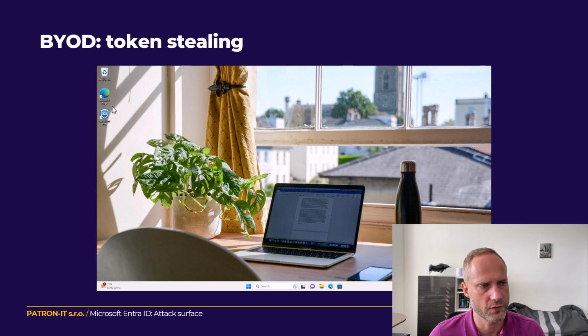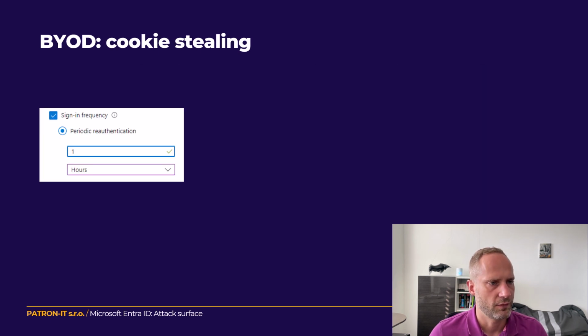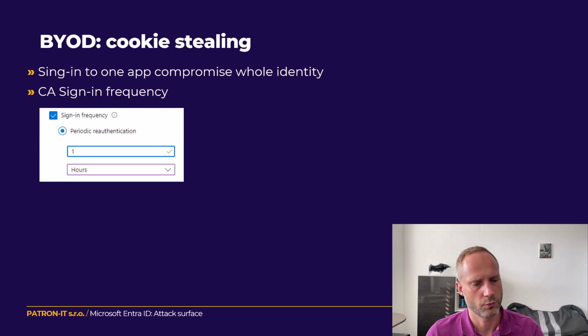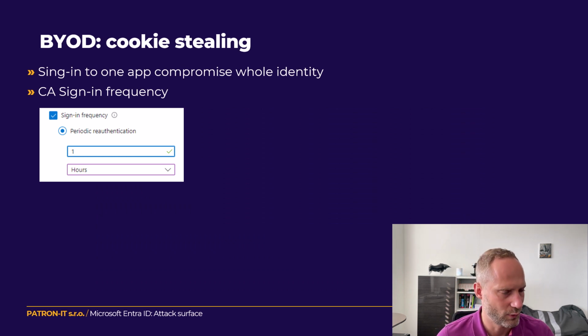So another interesting thing is that signing into one app compromised the whole identity, and there isn't much you can do about it. There is a sign-in frequency in conditional access policies, but this helps just for signing into a specific application.